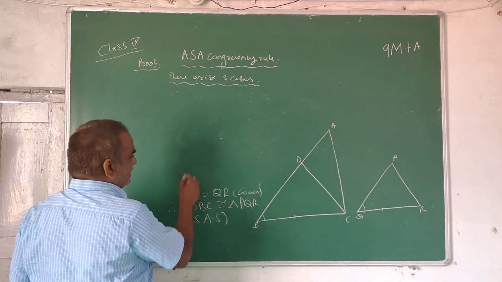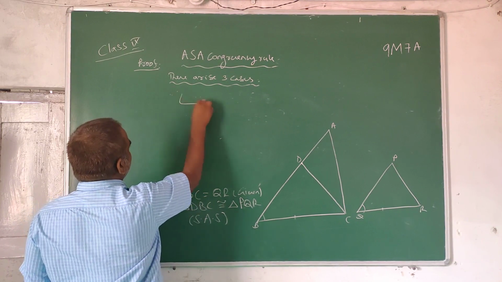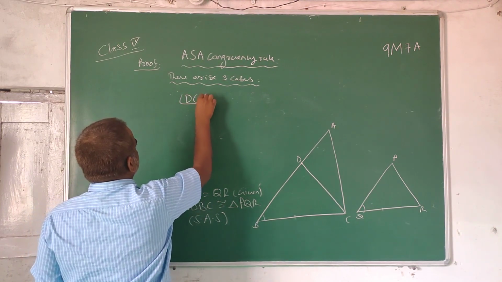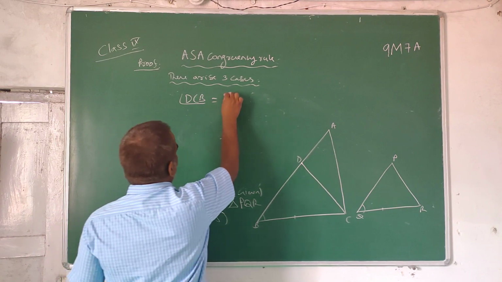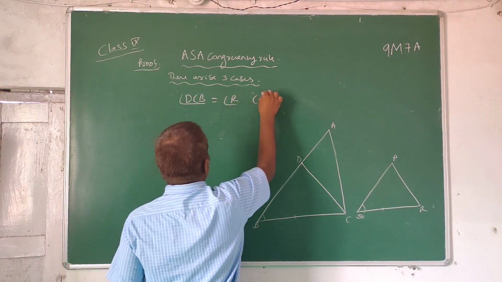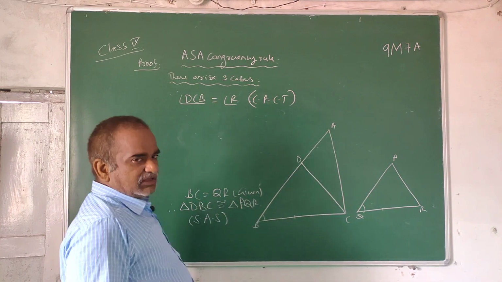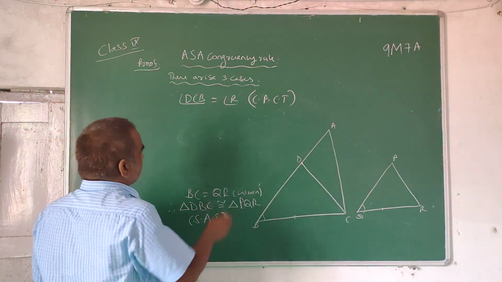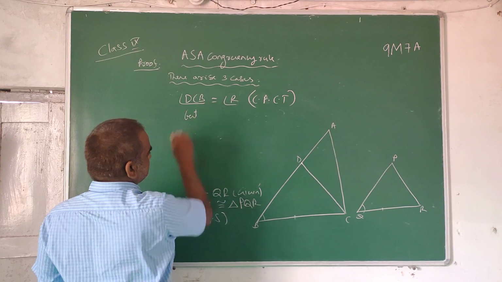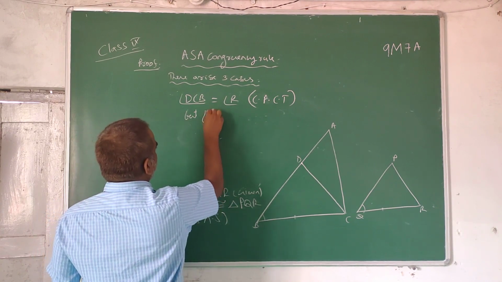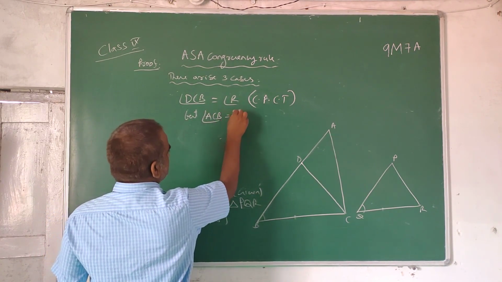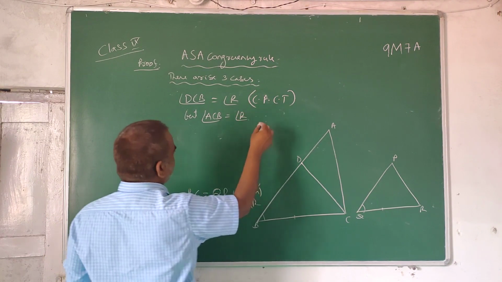So the moment triangle DBC is congruent to triangle PQR, you can say that angle DCB is equal to angle R by CPCT. Did you understand? But angle ACB is equal to angle R, it is by given.